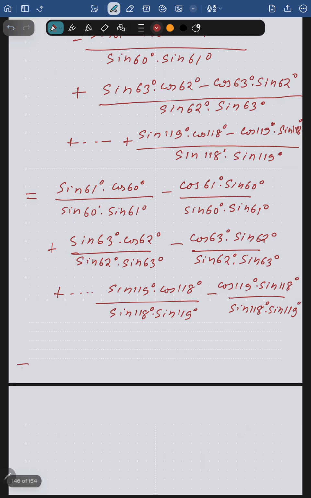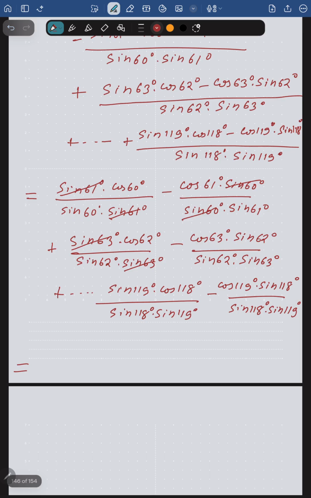By doing like this, what we will see is in the first term sine 61 degree and sine 61 degree will get cancelled. In the second term sine 60 degree and sine 60 degree will get cancelled, and in the third term you can see sine 60 degree and sine 63 degree.